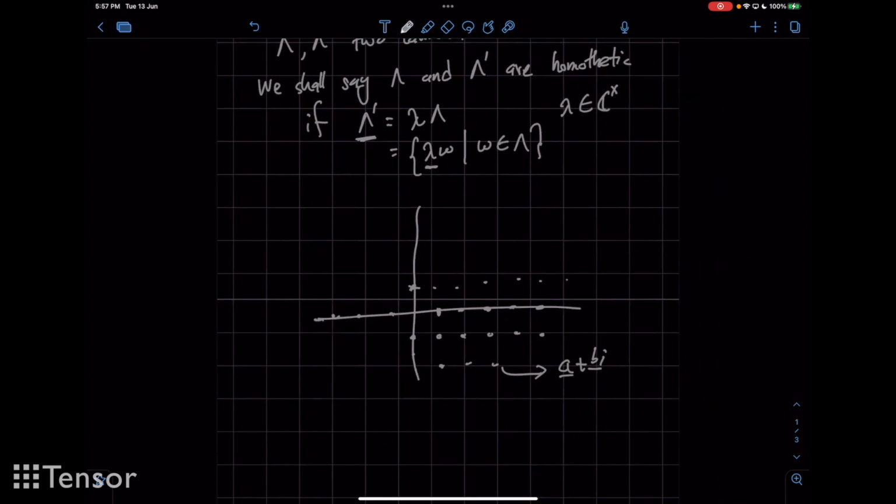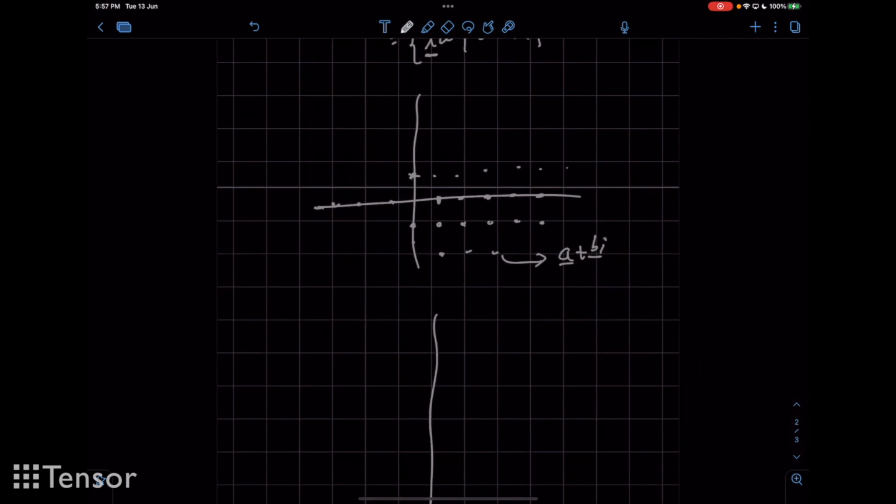And let's say I have another lattice that is generated by this complex number and this complex number. Suppose this is 1 plus i, and this is negative 1 plus i.